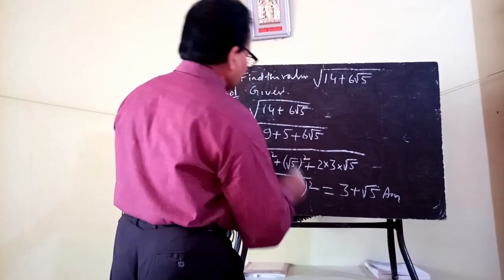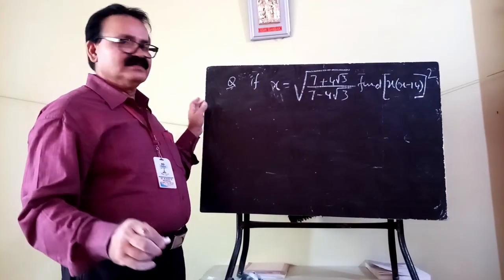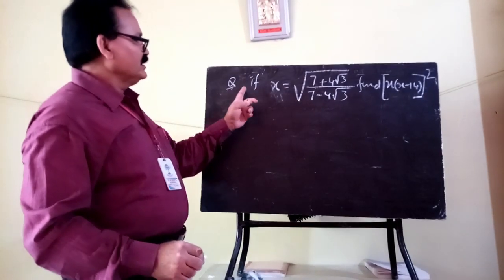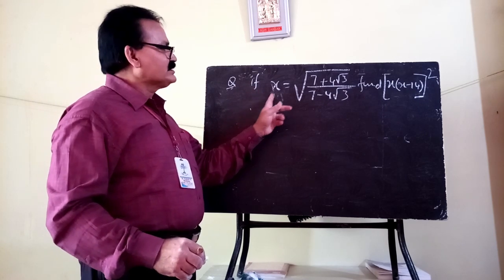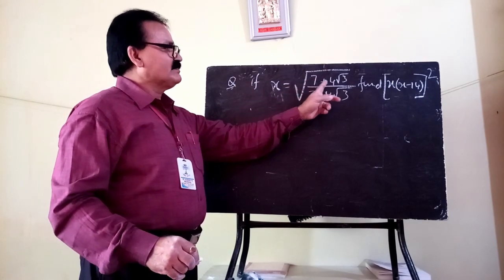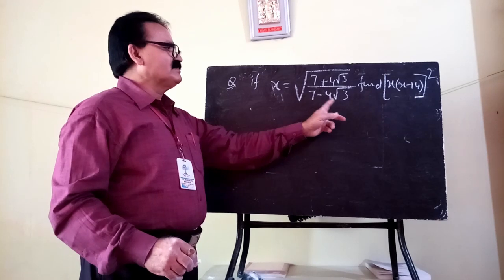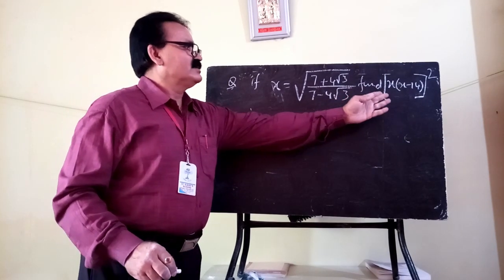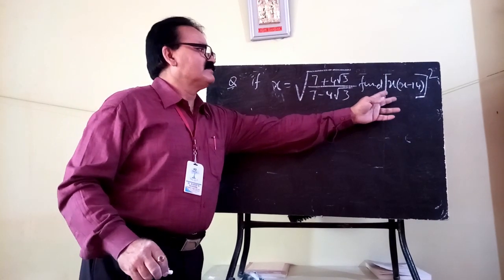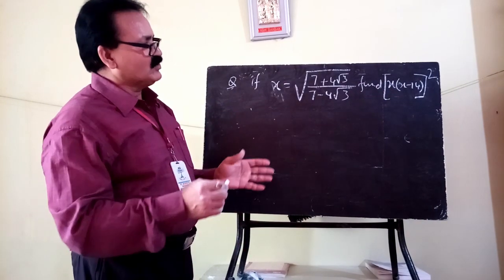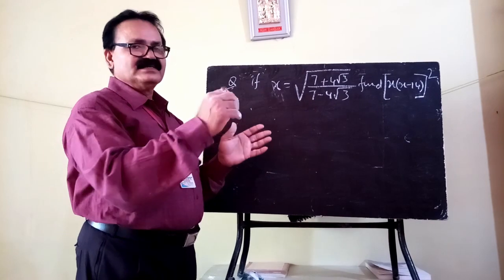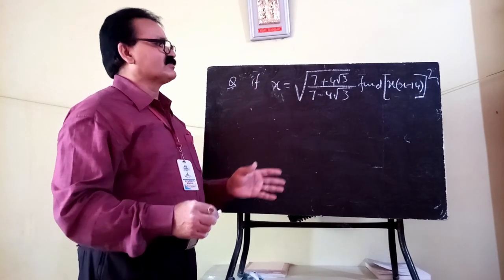For the next question I have to remove this. Okay, for the next question, the condition is given: x equals square root of (7 plus 4 root 3) by (7 minus 4 root 3), and you have to find the value of x times (x minus 14), whole square.